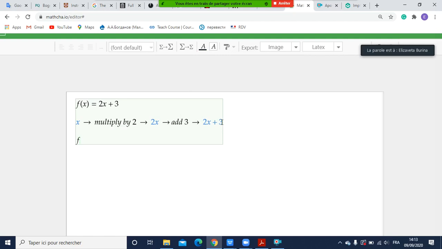So the f to the power of minus 1 of x will be, wait, we don't know what it will be, but let's imagine.